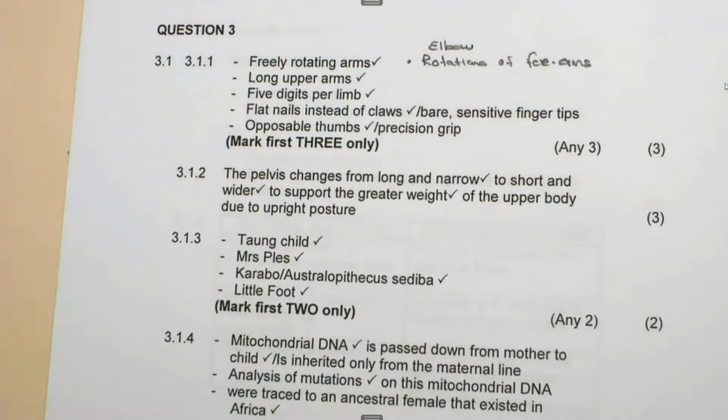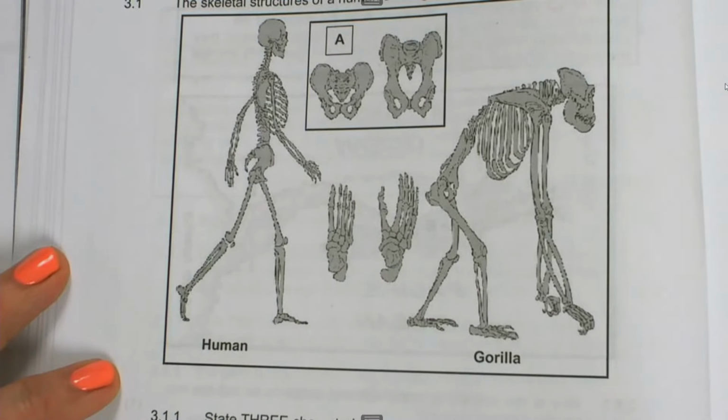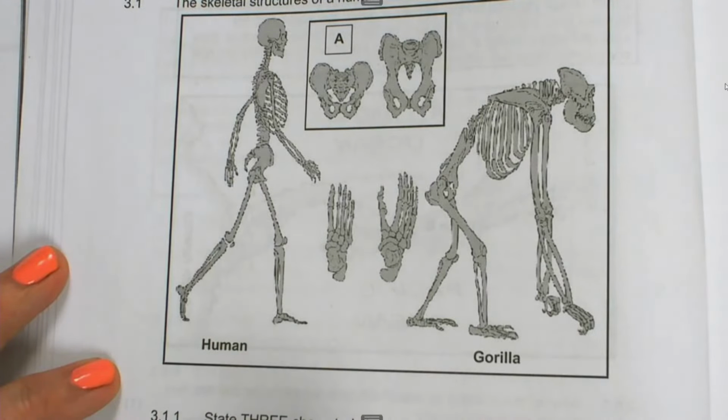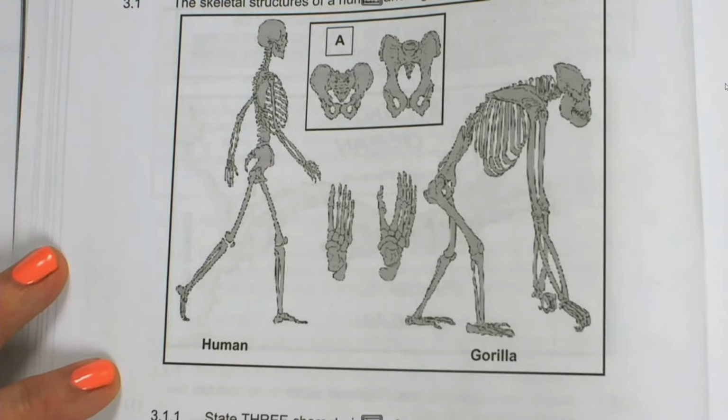Question 3. In question 3, also always in exam paper 2, is differences and similarities between humans and African apes. In this case we have the human and the gorilla, a picture of that, and also a picture of the pelvis.